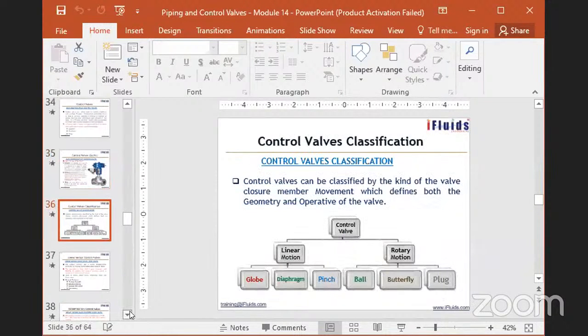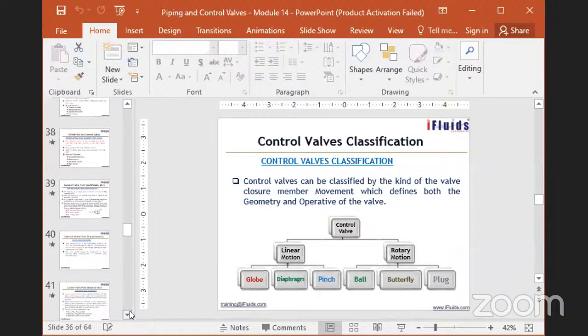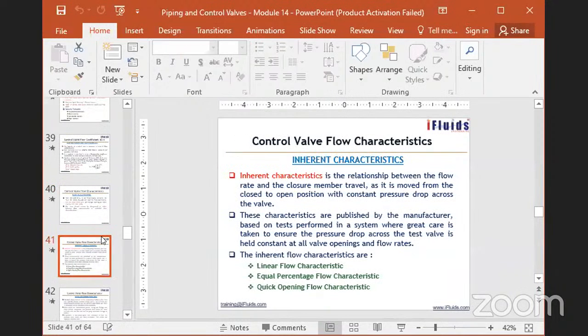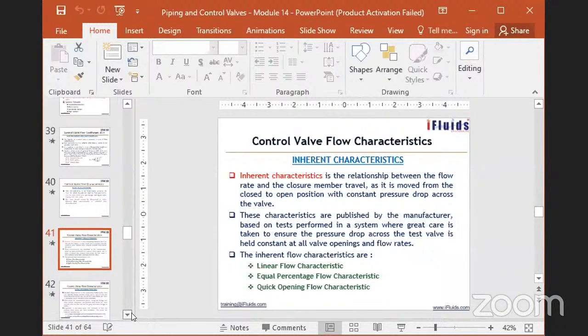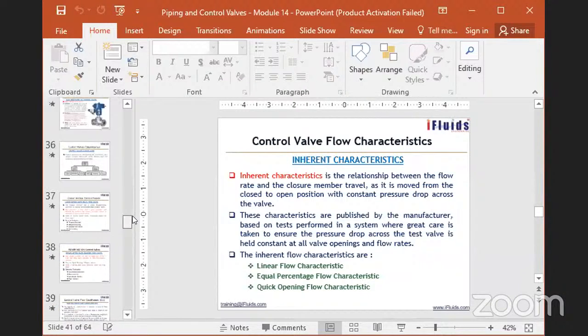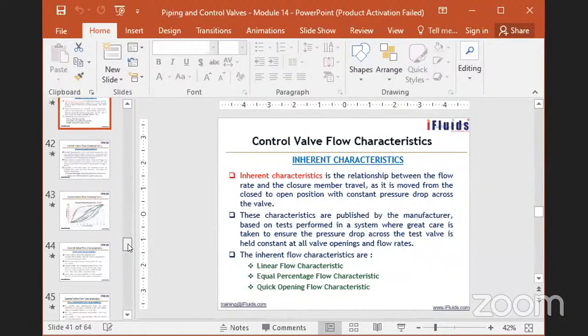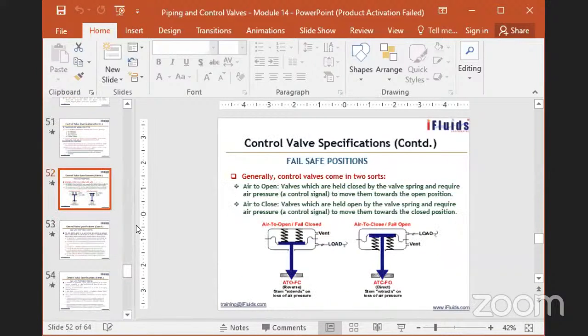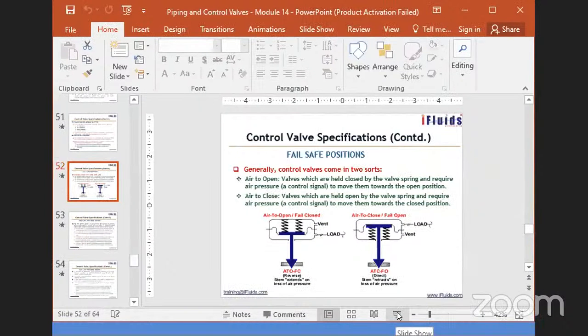For this question, I have to take the... see this diagram. This is seen fully, Prem? You can see the slide.